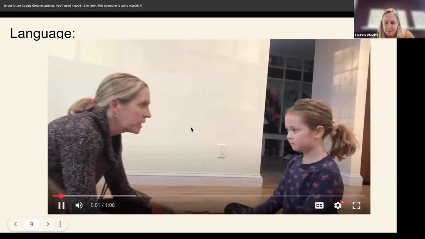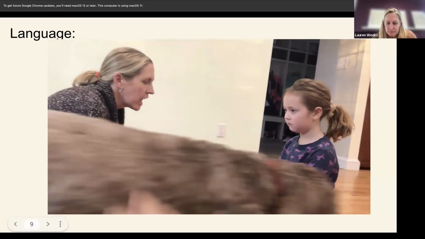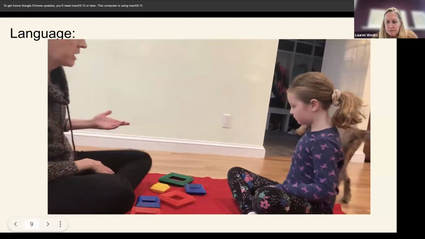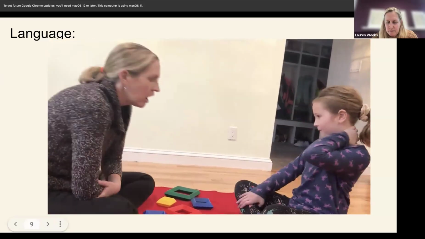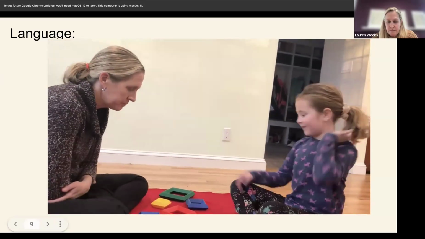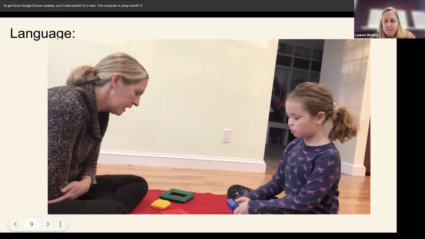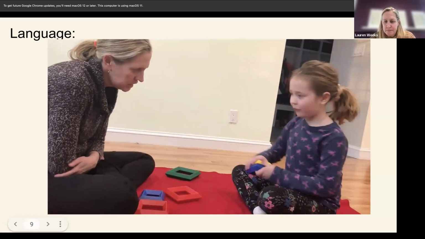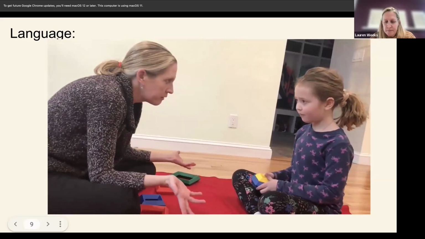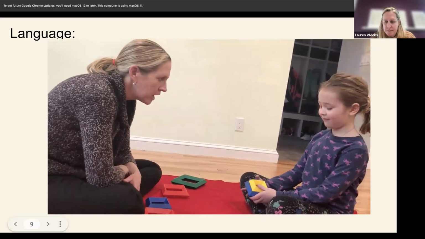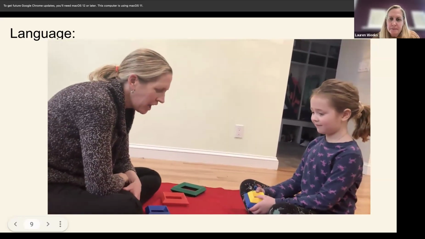Okay, so Maren, we are gonna make a tower together, and I'm gonna tell you which square to get, and then you get to make a tower, okay? Okay. All right, so get the blue one. So I'm just giving her verbal prompts. Get the yellow one. You can make your tower however you want. You get to be the builder. I'm just showing you which piece to get. Oh, okay.